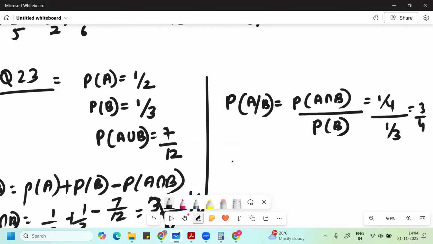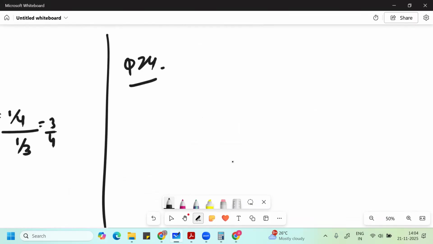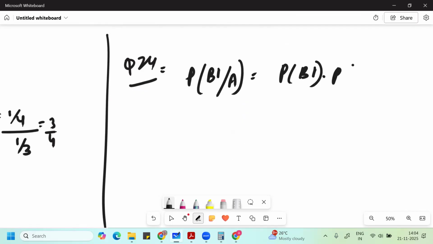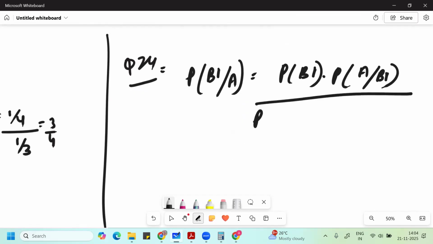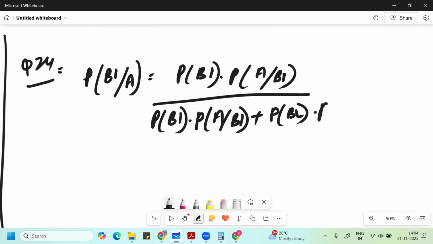They're asking you probability of B1 given A. So this would be probability of B1 into probability of A by B1, divided by probability of B1 into probability of A by B1 plus probability of B2 into probability of A by B2.